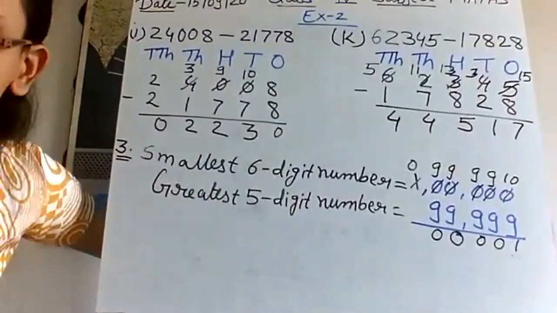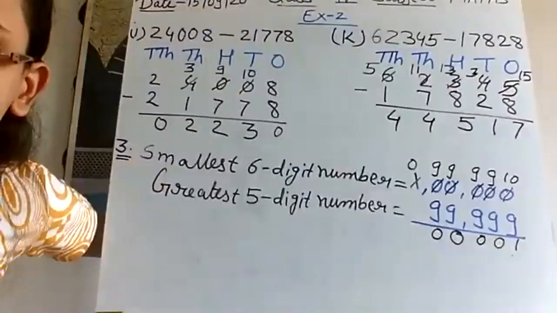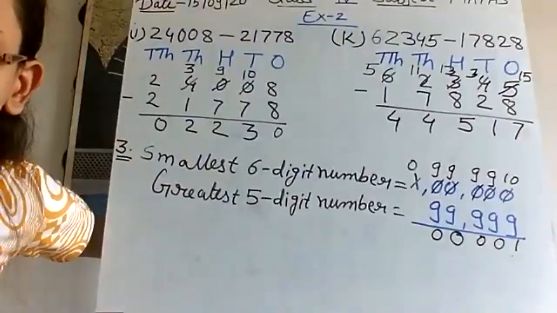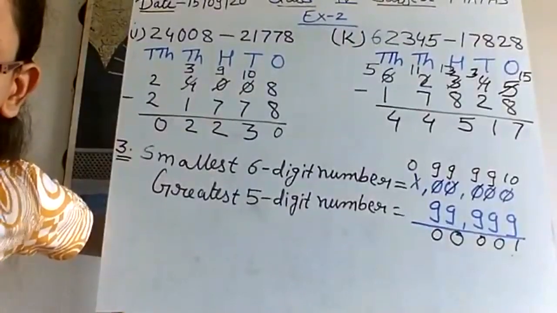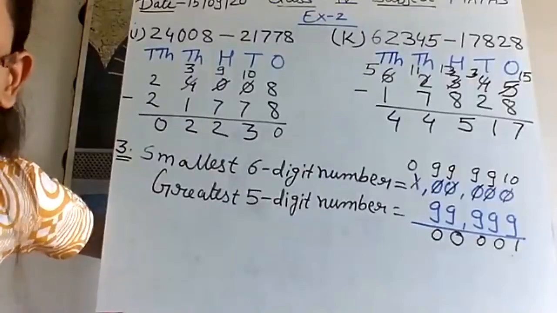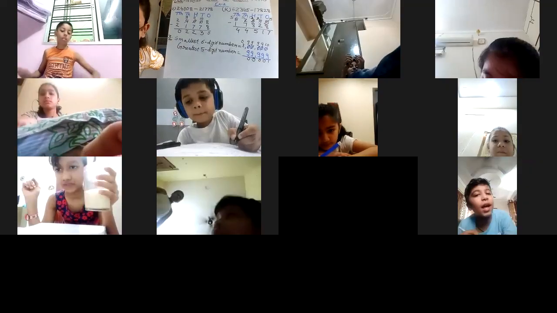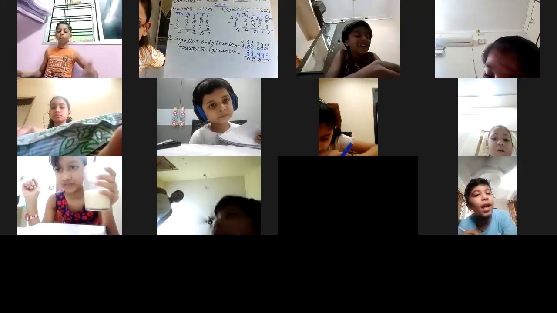Clear? Clear, Bhavya? Okay. Dakshita, show me where you are writing.